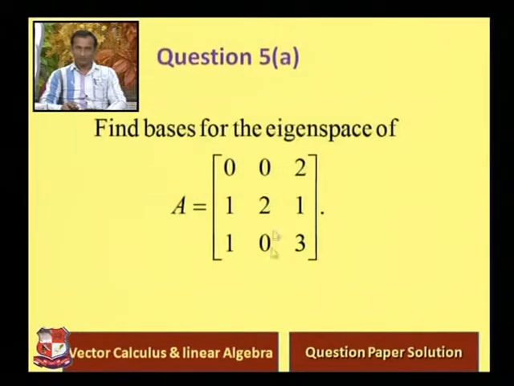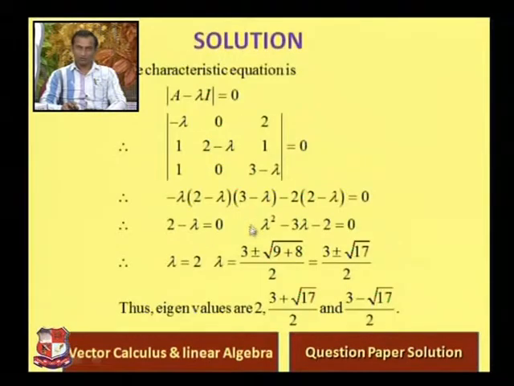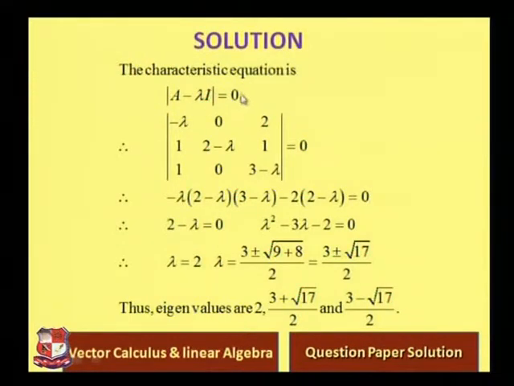So first we find the eigenvalues. Continuing the solution, the characteristic equation is like this one: determinant of A minus lambda I equals 0. Here I is the 3 cross 3 identity matrix. So this is our A minus lambda I, and its determinant equals 0. If we solve this determinant, minus lambda into this and minus 0, we get this equation.